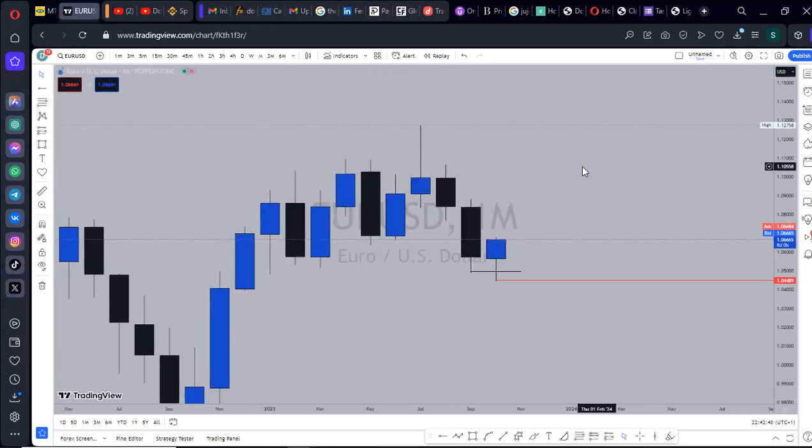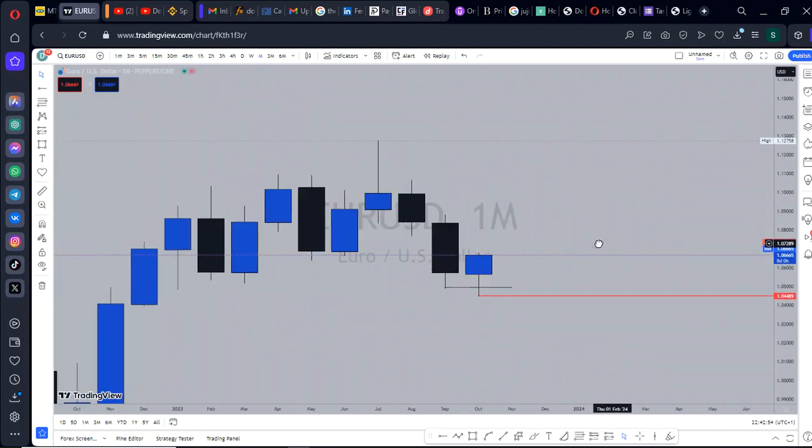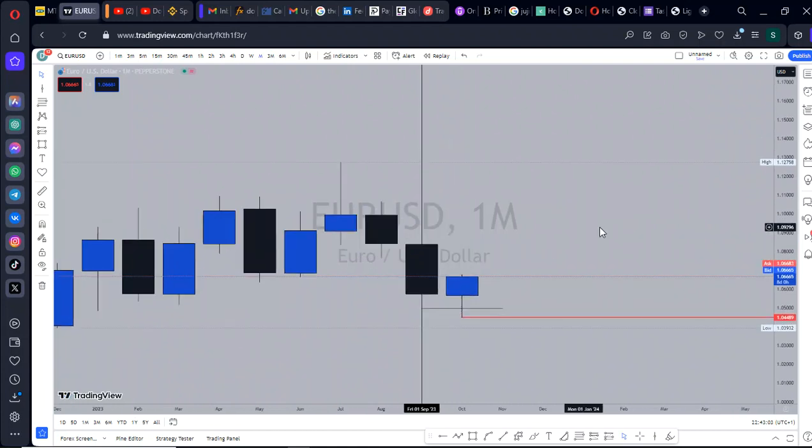Right here I noticed this on EURUSD in the month of October, and the next thing I did was apply the quarterly shift. The quarterly shift is used to explain the daily range. When we talk about quarterly shift, we are marking out the previous 3 months' daily range or the previous 4 months' candles.